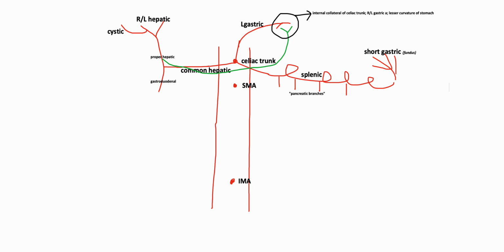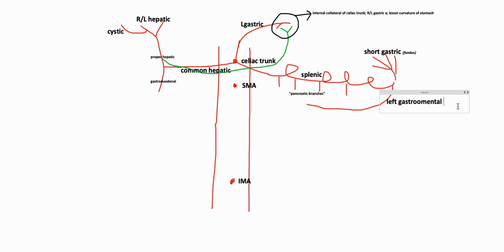Okay. Next, the splenic artery gives a branch going down like this around the greater curvature of the stomach, like so. And we call this branch the left gastroomental artery.